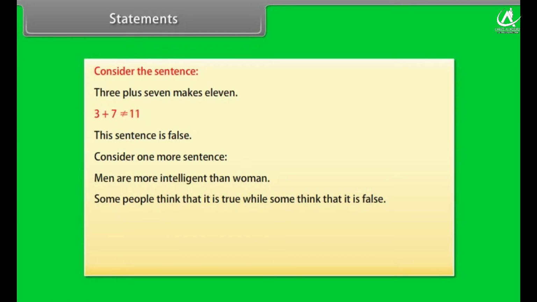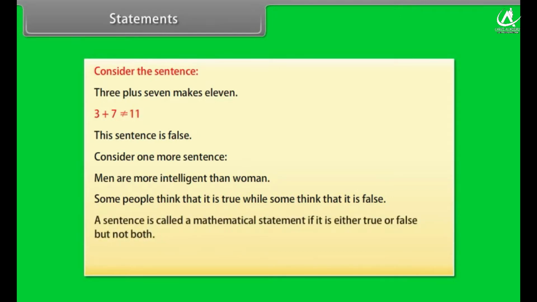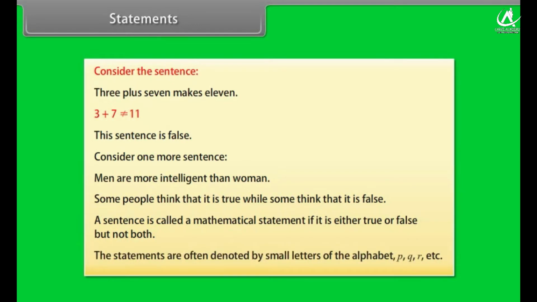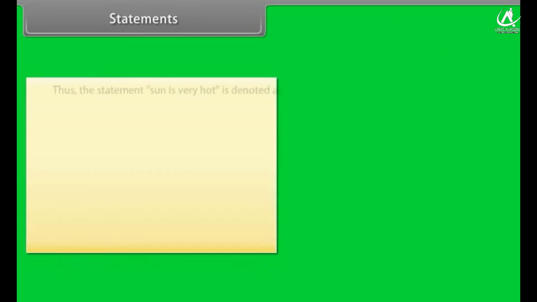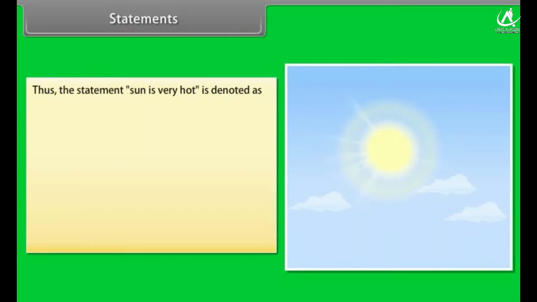Now we define a mathematical statement. A sentence is called a mathematical statement if it is either true or false, but not both. The statements are often denoted by small letters of the alphabet, p, q, r, etc. Thus, the statement "sun is very hot" is denoted as p: sun is very hot.